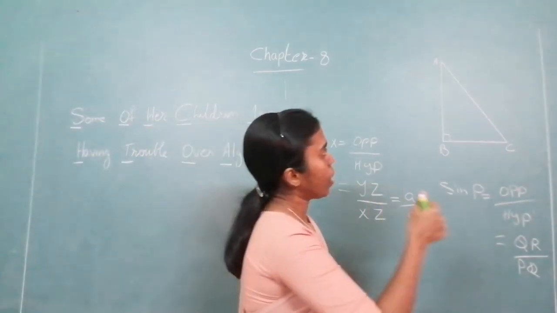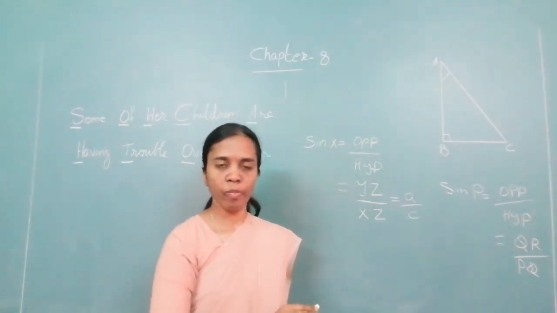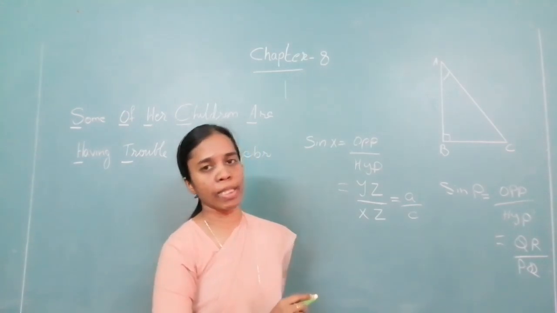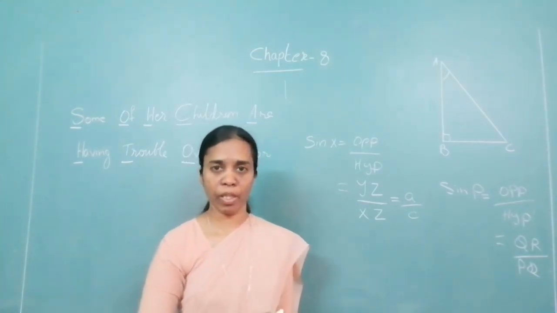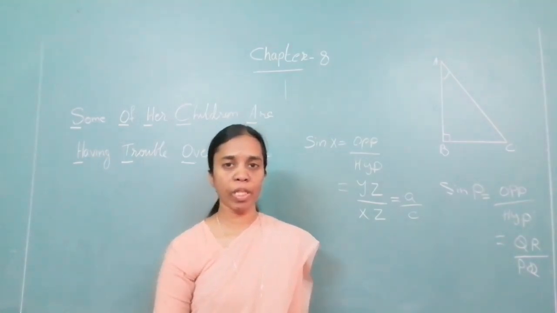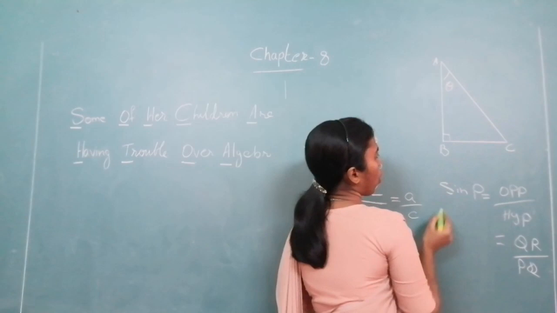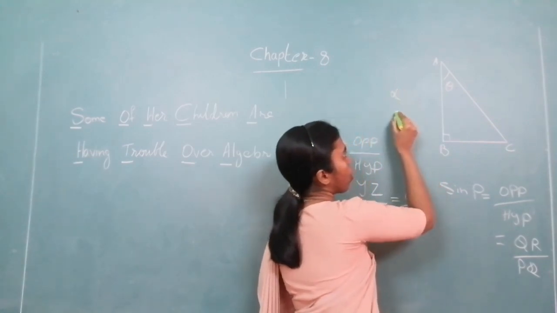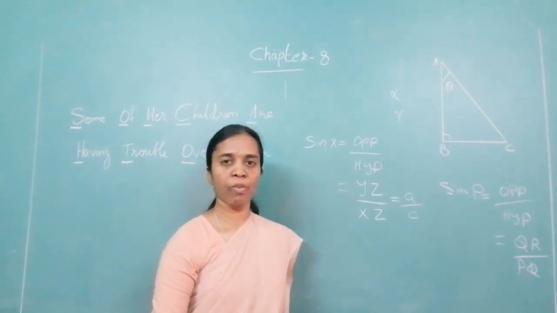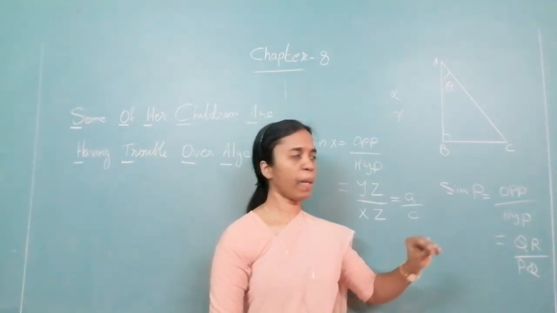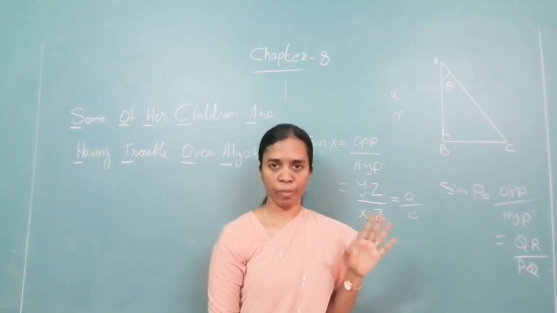Now, sometimes the measure of the angle will be given to you. You will be told that it's 30 degrees, 60 degrees, 90 degrees. Sometimes they don't give the measures. And when they don't give the measures, sometimes we use variables like theta or alpha or gamma. These are Greek letters we use to say the measure of a particular acute angle.